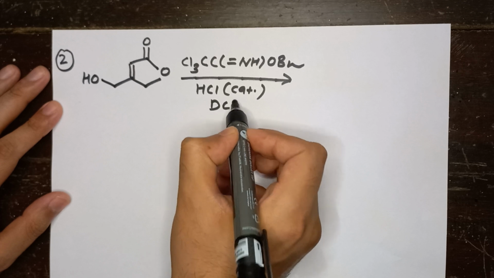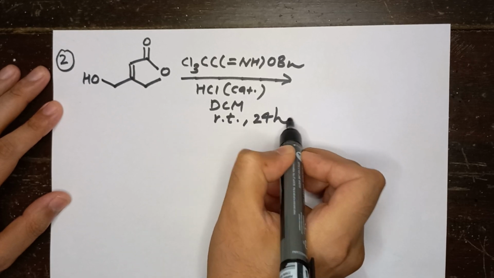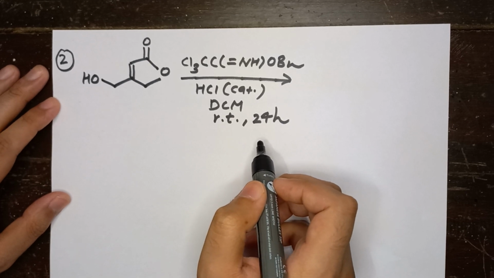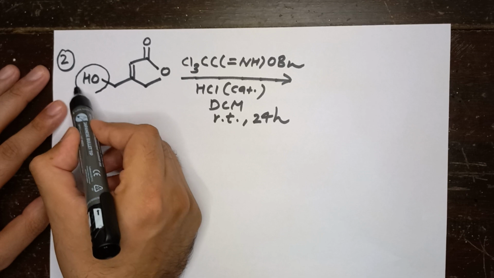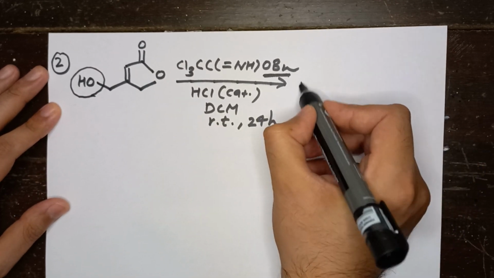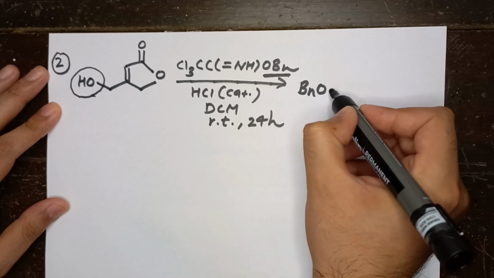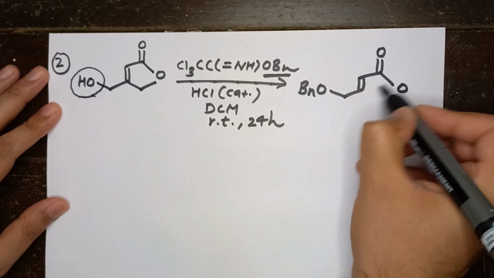We have DCM as a solvent at room temperature. This time we are keeping it for 24 hours. So what is the product? Once again, the mechanism is going to be the same. We are going to protect this OH group with an OBn group. So the product will be this. So this is my product.